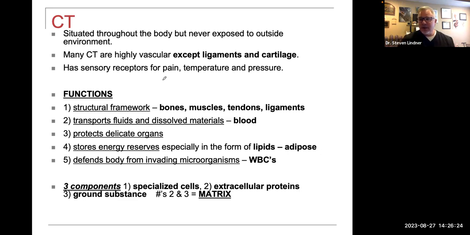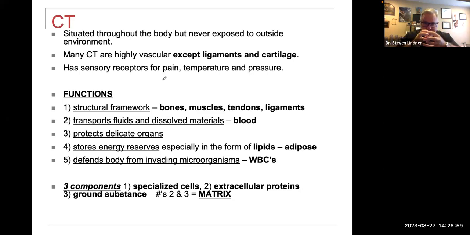They produce antibodies. When we think of connective tissue, I think of these three components: cells and extracellular matrix and ground substance. So when we think of the extracellular matrix, it's these extracellular proteins, whether it's collagen fibers, elastic fibers, reticular fibers. So we have these extracellular proteins, and we have ground substance.